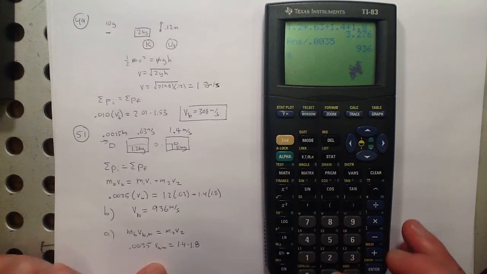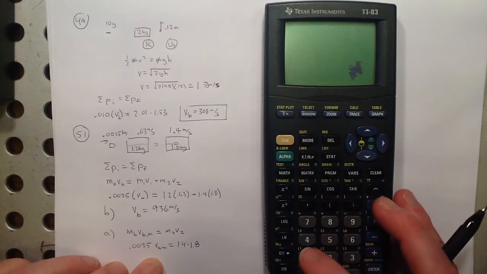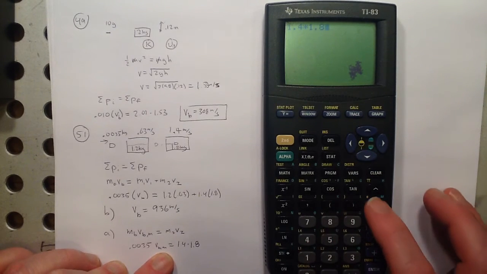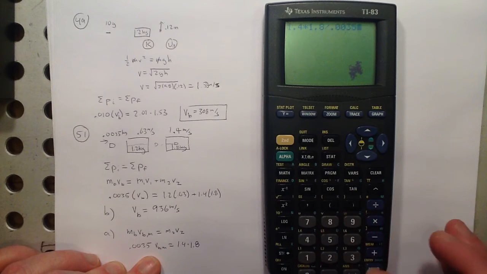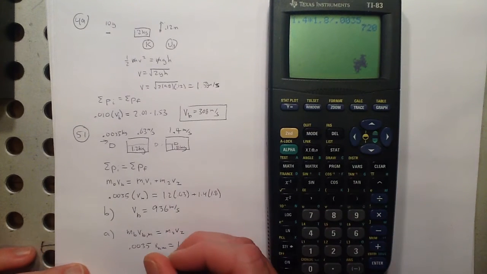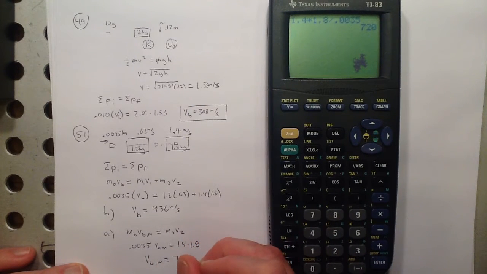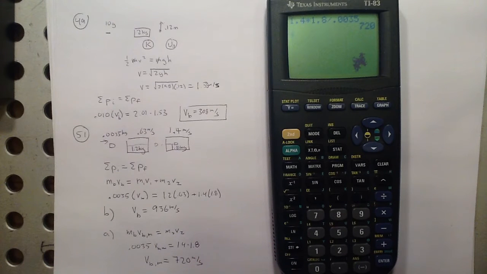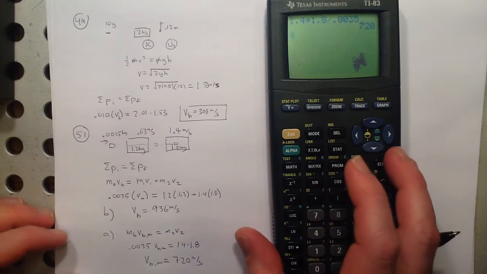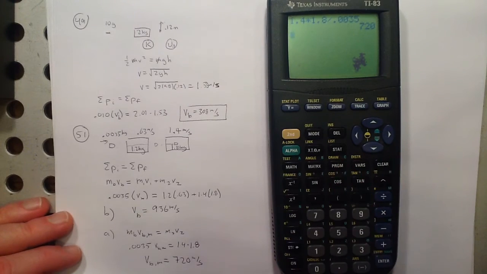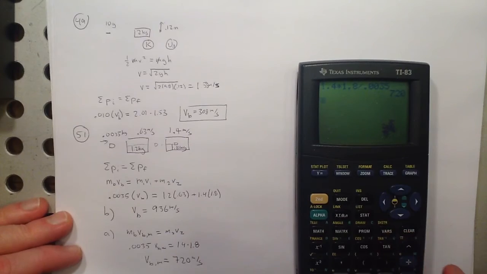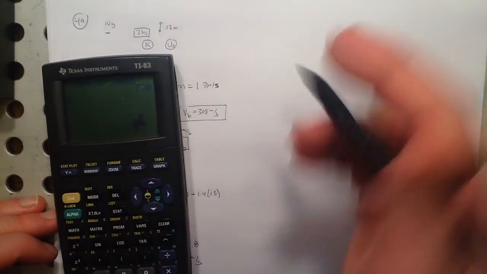So 1.4 times 1.8 divided by 0.0035, and that will give me the velocity. And we expected that this would be slower, right? The first block slowed it down some: 720 meters per second. Okay, so you could have done those in the other order. Next, we have number 53.